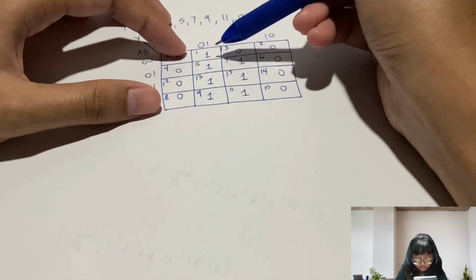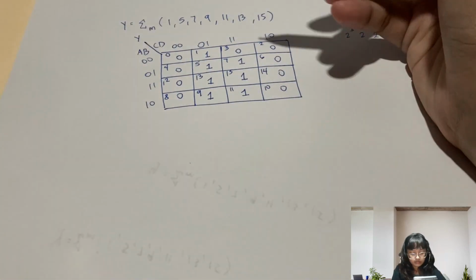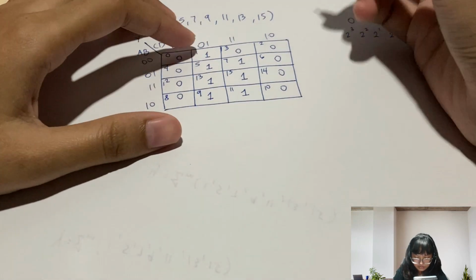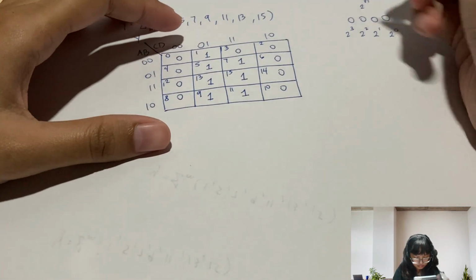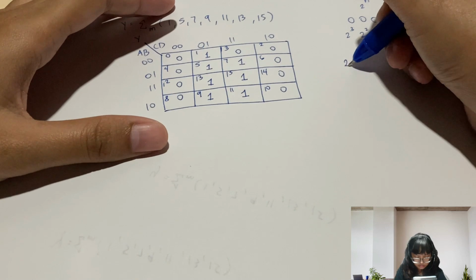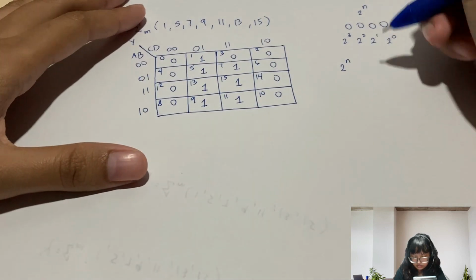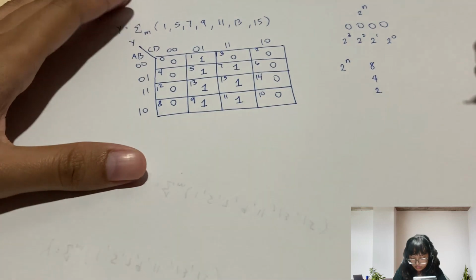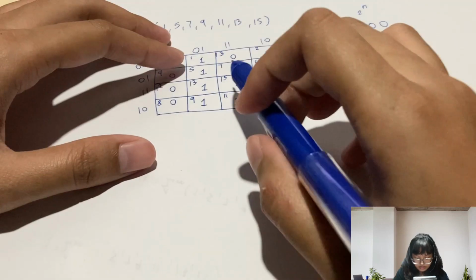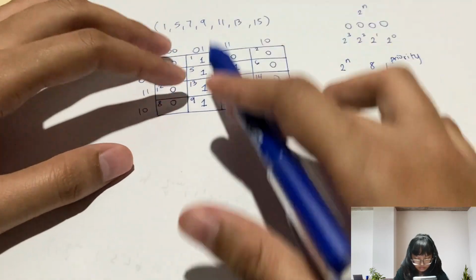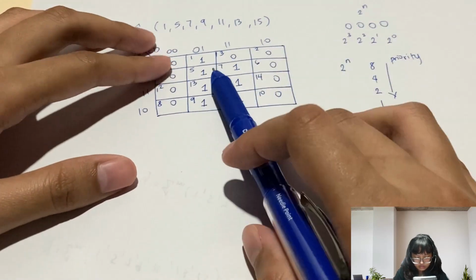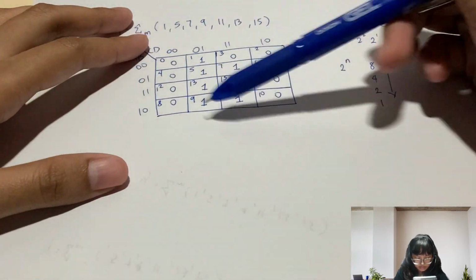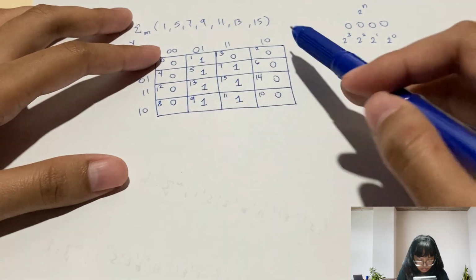Ngayon, mag-group na tayo. So, ang pag-group ay nakabase sa priority. 2 raised to n pa rin. So, 8, 4, 2, at 1. Ay kapag mag-group pala, pwedeng vertical o horizontal lang. Bawal lang diagonal. So, ganito lang pwede.